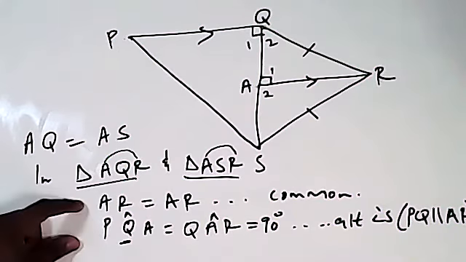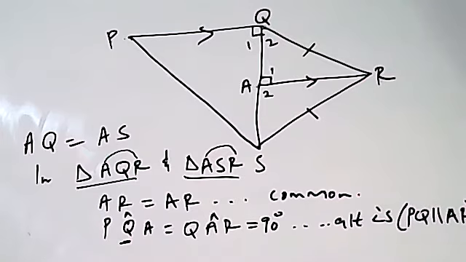So far, we have 2 statements. How many statements do we need for congruency? 3. So we have proved 90 degrees, and amongst all the reasons of congruence, the only one that deals with 90 degrees is right angle, hypotenuse, side.